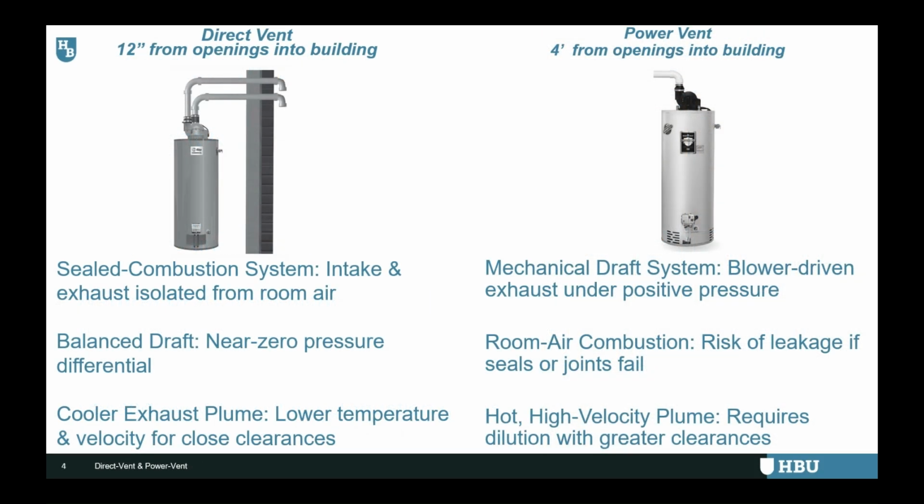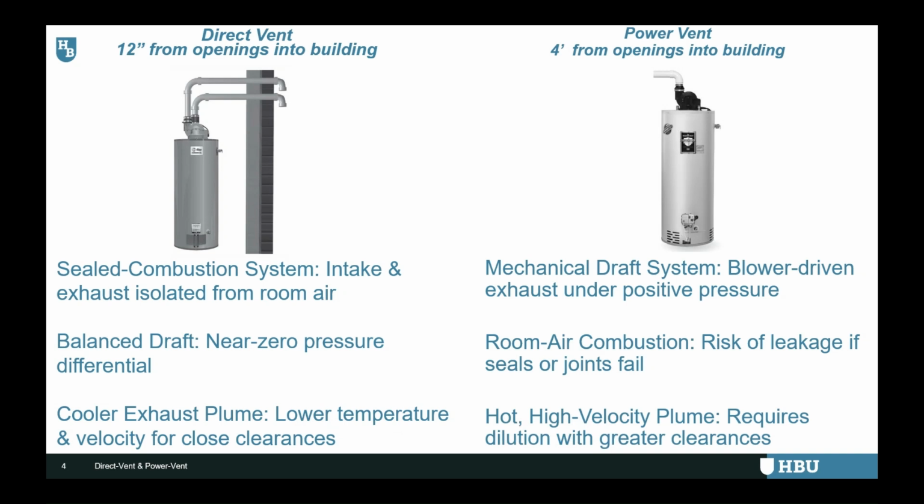Confused about power vent and power direct vent? Here's the key difference. Power vent uses a fan to push exhaust gases out of your home, typically through a single pipe. It pulls combustion air from inside your home. Power direct vent also uses a fan to exhaust gases, but it's a sealed system.